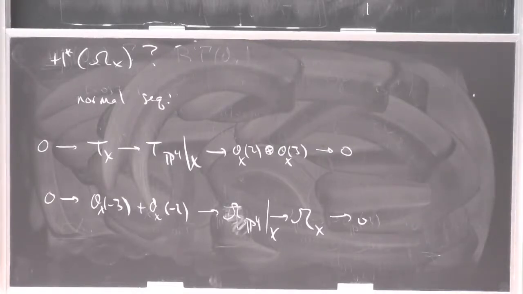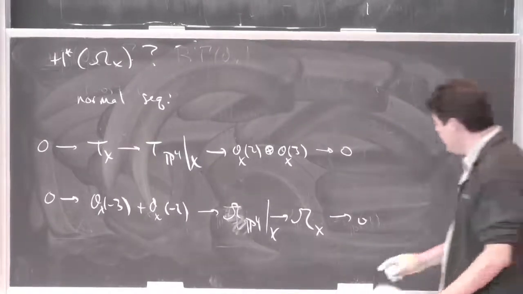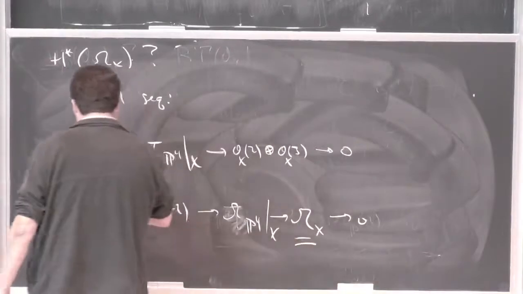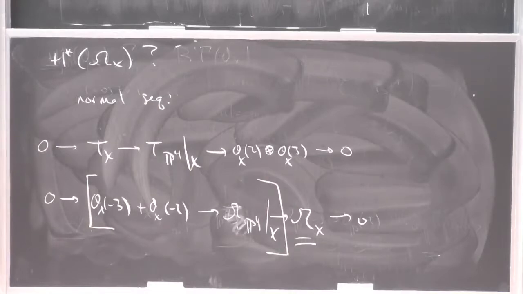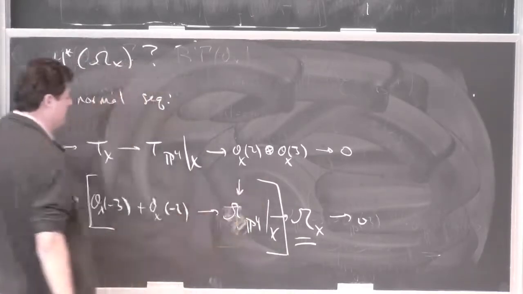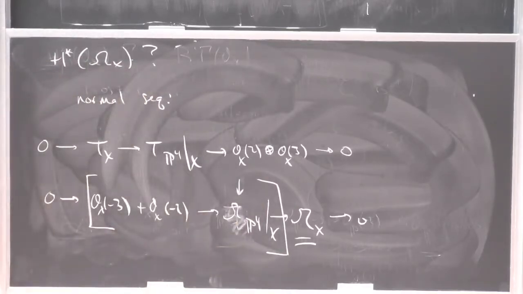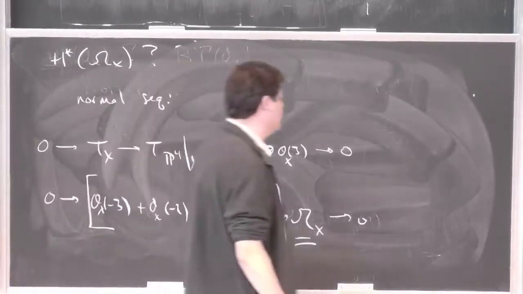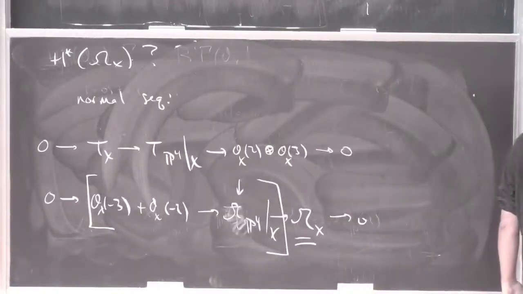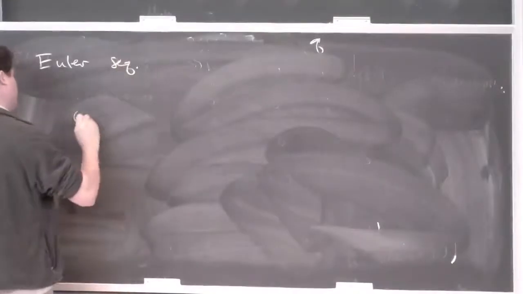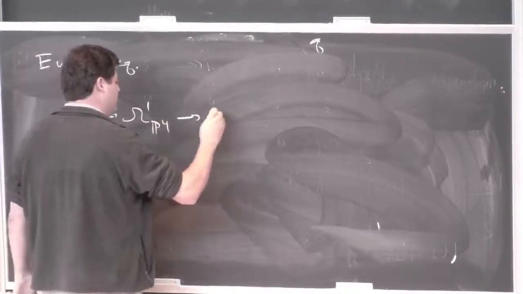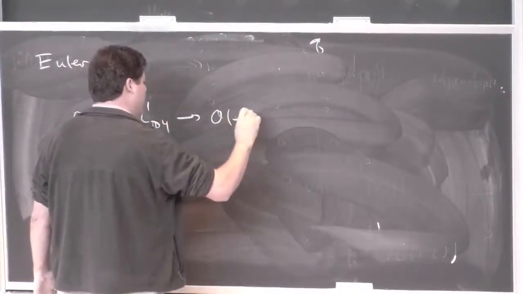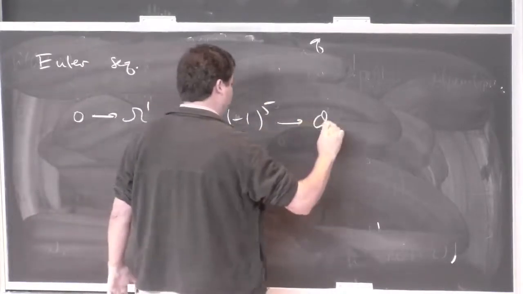And we also, to compute the cohomology of omega X, right, so omega X that we're interested in is quasi-isomorphic to this two-term complex right here. But to compute the cohomology of this thing, omega P4 restricted to X, we also need the Euler sequence. Omega 1 P4 goes to O of minus 1 to the 5 goes to O.